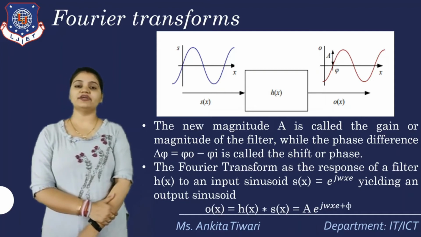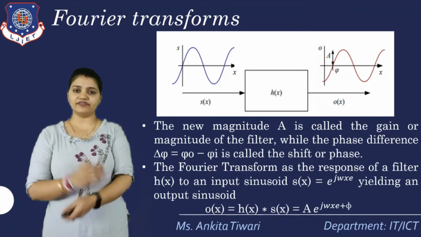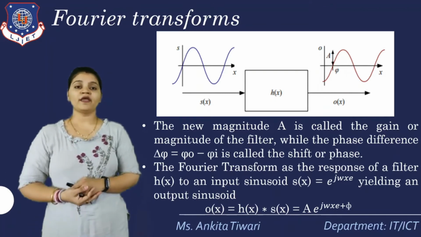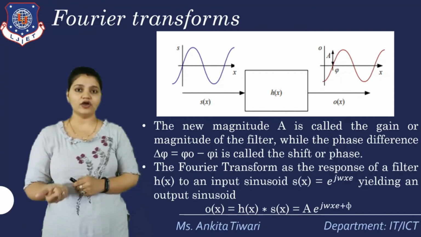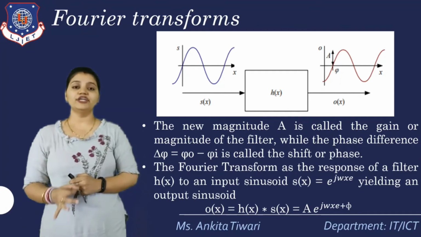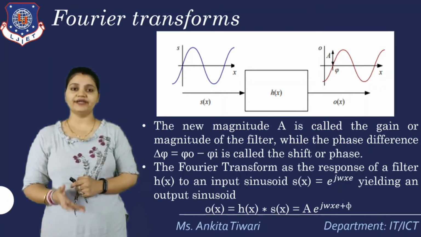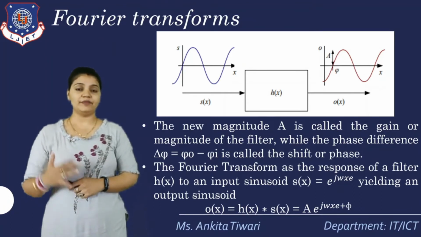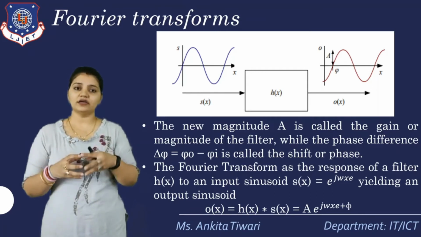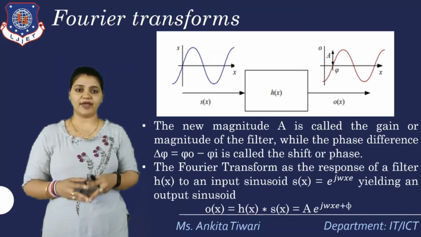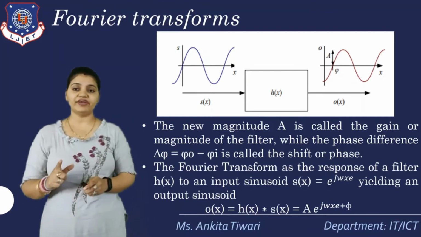With respect to that, we get the equation o of x is equal to h of x star s of x, which is equal to A, the constant, the new magnitude A, taken as the gain or magnitude of the filter, times e raised to j(w x plus phi), because phi is the phase difference that is added to that equation. Okay, so this is the formula we need to keep in mind.